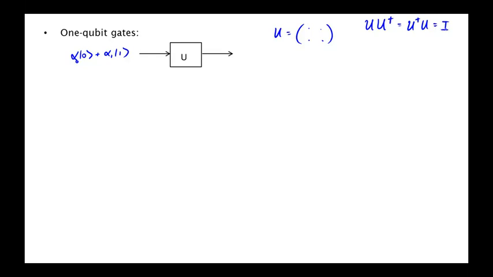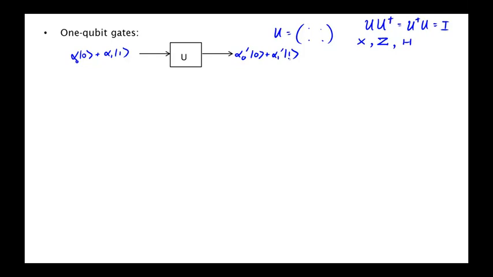So we saw several examples of such gates, and they included X, the NOT gate, Z, the phase flip, H, the Hadamard gate. Okay, so what these do is they take the input qubit and convert it into some new qubit, alpha 0 prime |0> plus alpha 1 prime |1>.